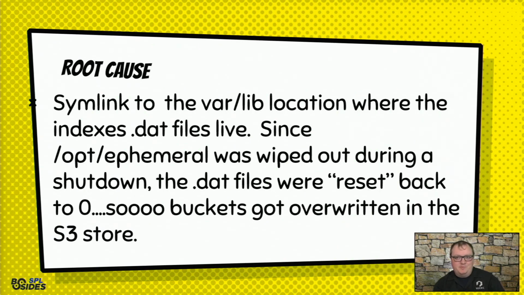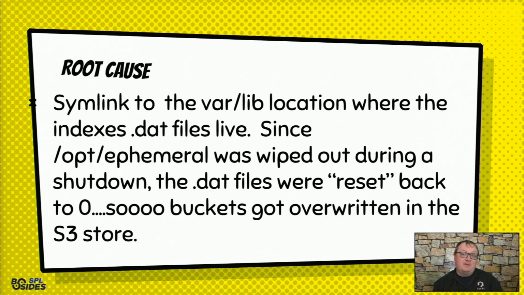So the new bucket would be _internal, 0, and the GUID of the same indexer where we just wiped out the data. But there's already a bucket there. Unless you have versioning, the new bucket's going to say, nope, I'm the bucket now. And we were just wiping out our old buckets.